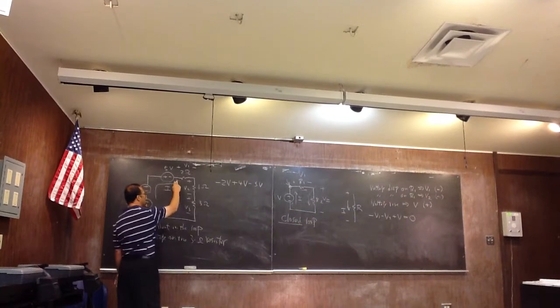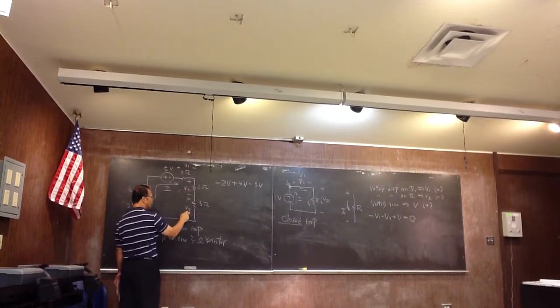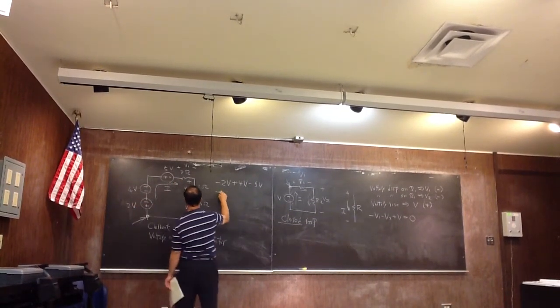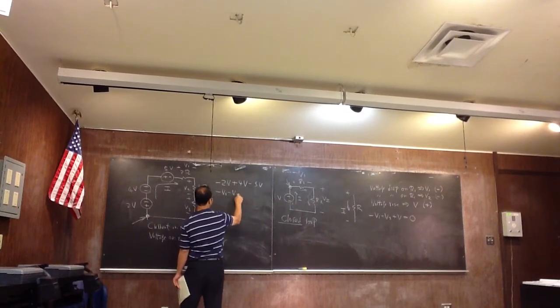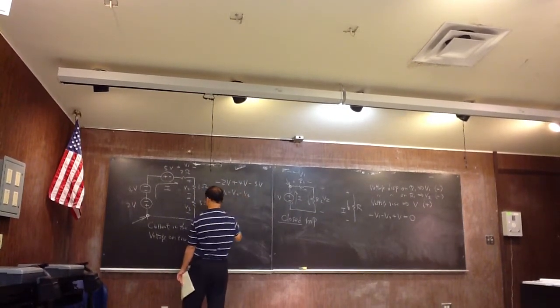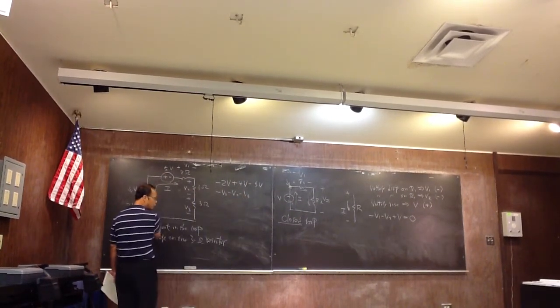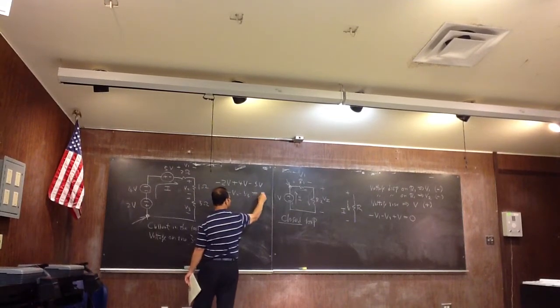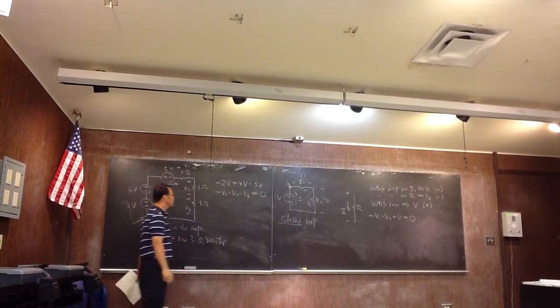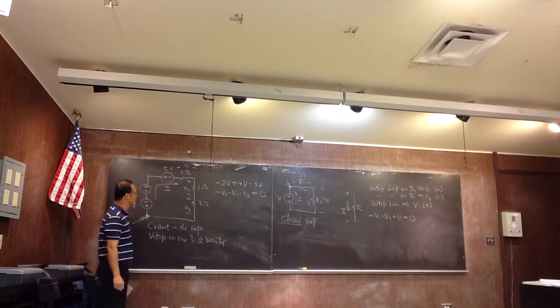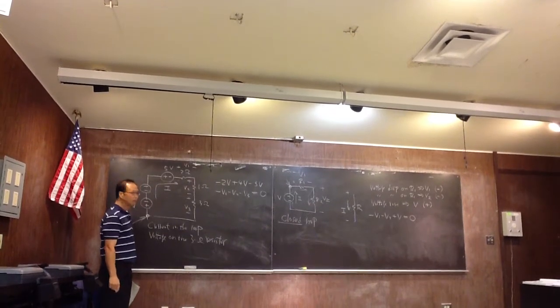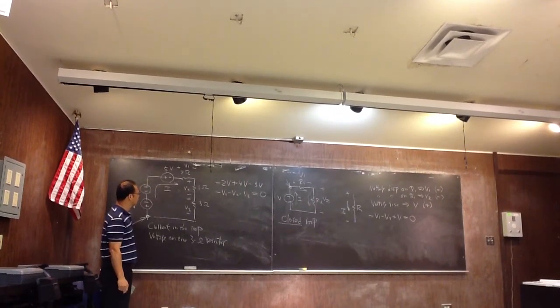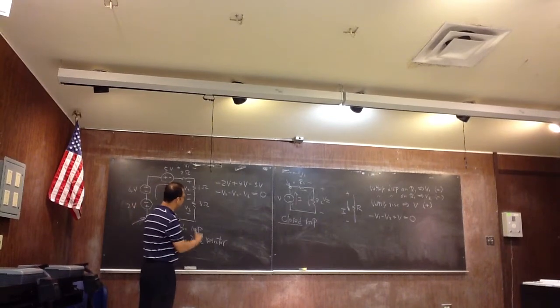And all these are drops, so minus V1, minus V2, minus V3. And then now we return to the same point, so it's equal to 0. We don't know the current. We have to find out.